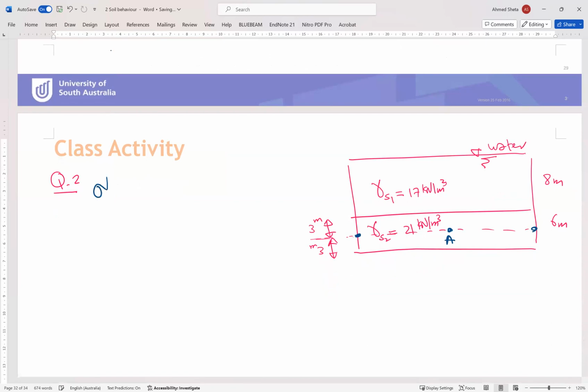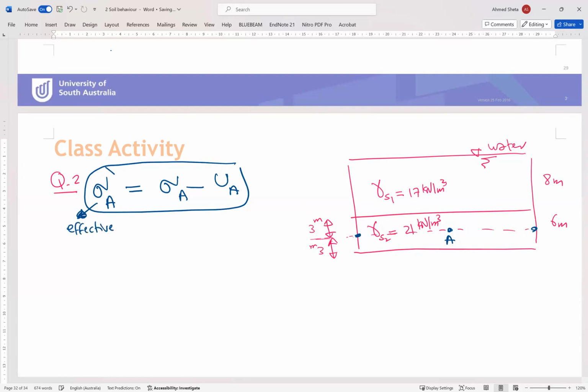So it's effective stress sigma effective A equal to total stress sigma minus U. So again, this is our formula for effective stress. Sigma dash is the effective stress, the requirement, sigma A is the total stress, and U is the water pressure. So this is our first requirement.